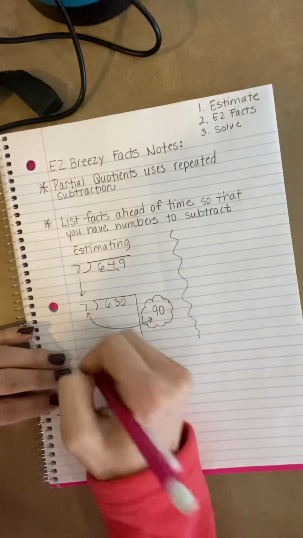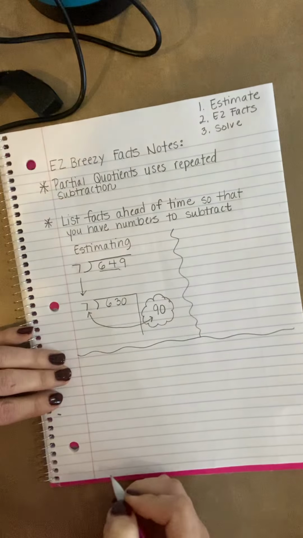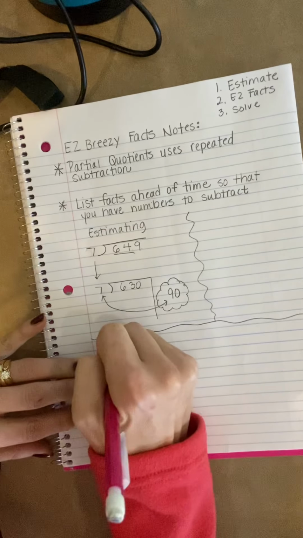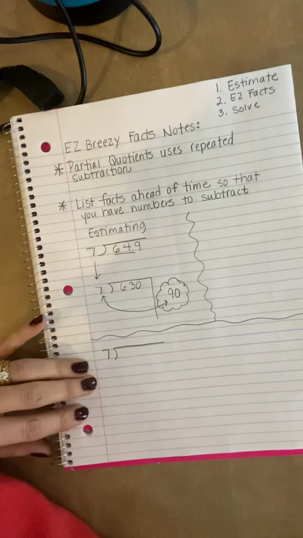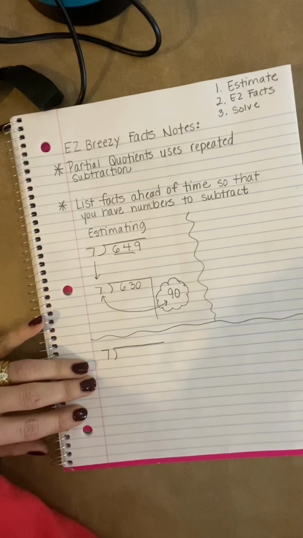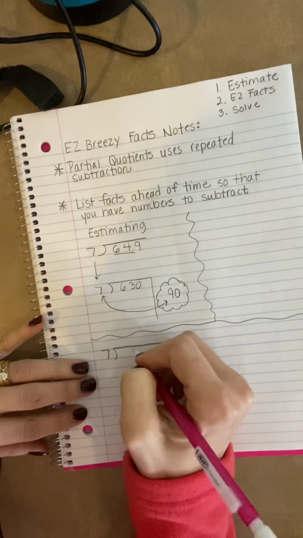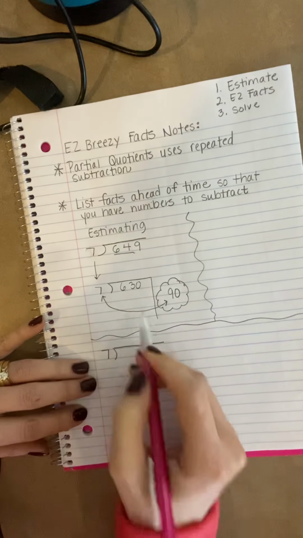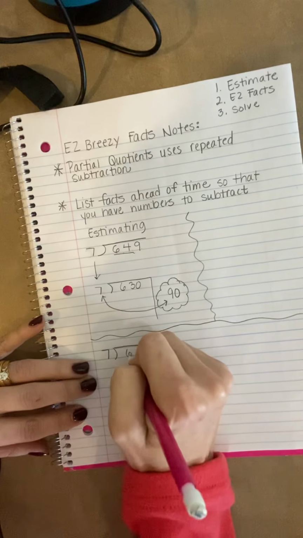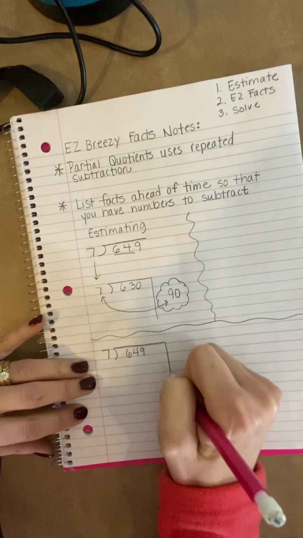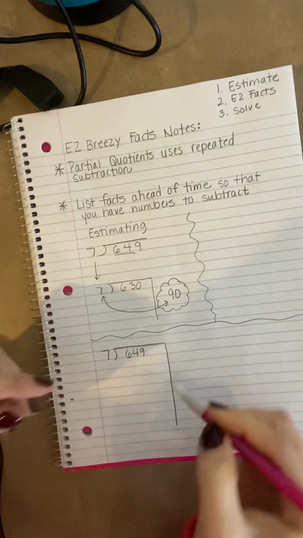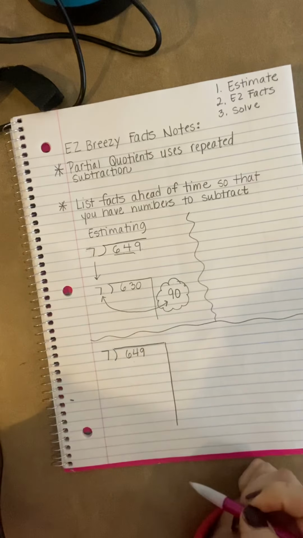Now, when we go to actually do this problem, we'll set it up down here on the solve. And I'm going to do that part of the video later on because that is another day's lesson. But we need to know, and we're going to use the dividend, by the way, still, the normal dividend. We're going to be subtracting out of the 649.